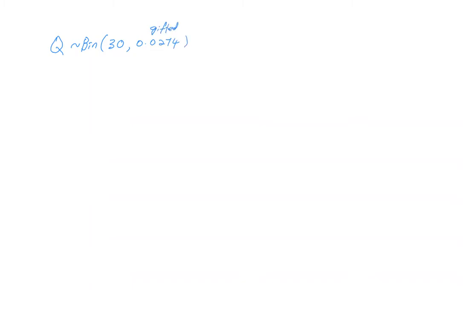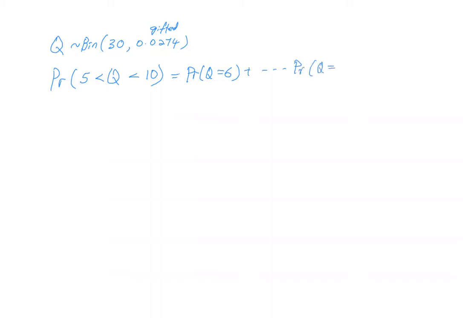Now I want the probability of my Q between 5 and 10. Between them, so not included. That means I only want Q equal to 6 until Q equal to 9.